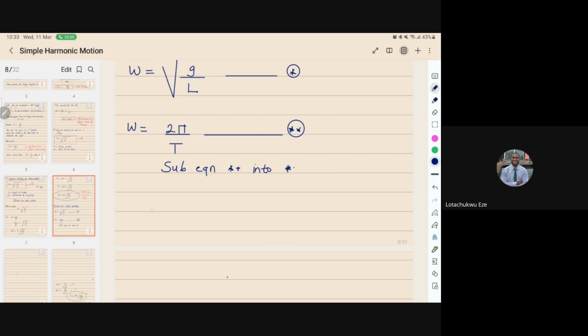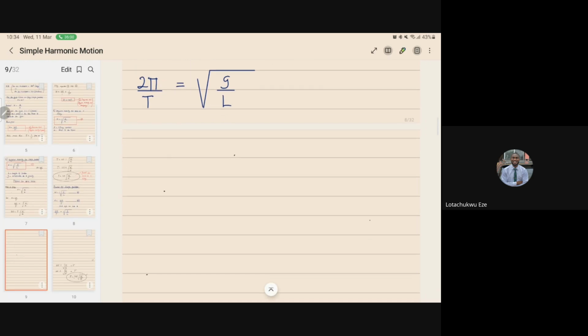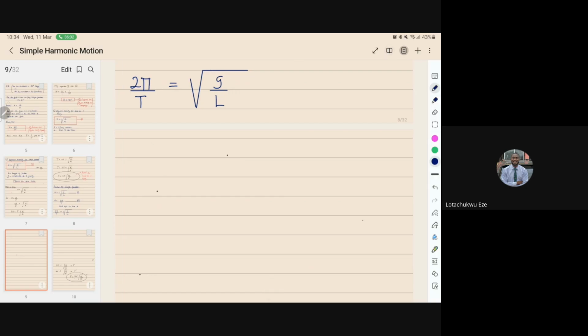So when you plug in the next one, you have omega, 2 pi all over T, is equal to the square root of G over L. But remember that your goal is to get your period, right? So I'm going to move it to the other side of the equation and then divide both sides by 2 pi. So we'll have 2 pi is equal to T square root of G all over L.